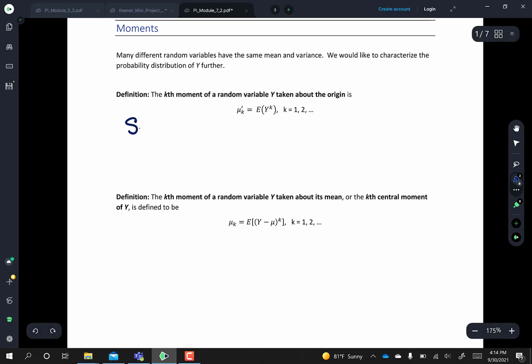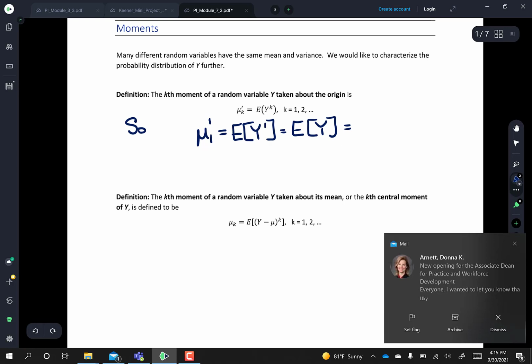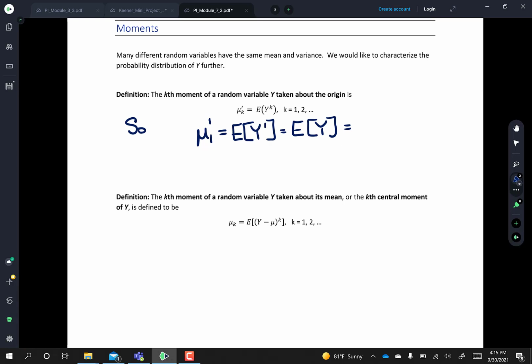So if we look at a couple different moments, the first one is equal to just the expected value of y to the first, which is just the expected value of y. So the first moment of a random variable is just equal to its mean, which we've seen before.